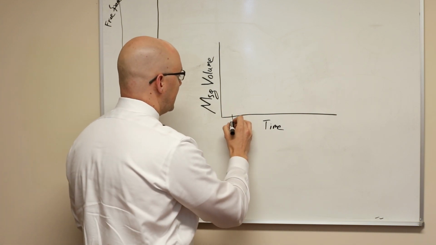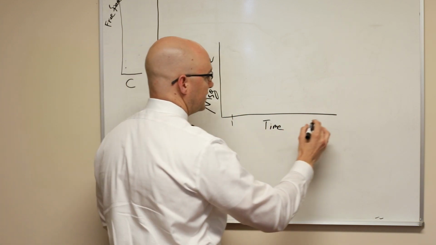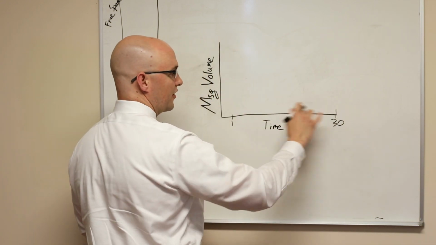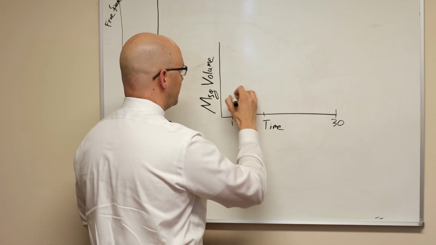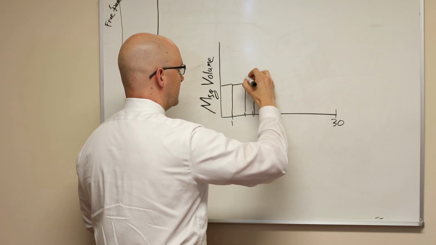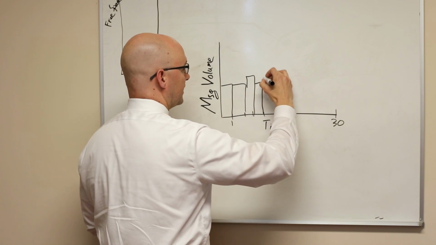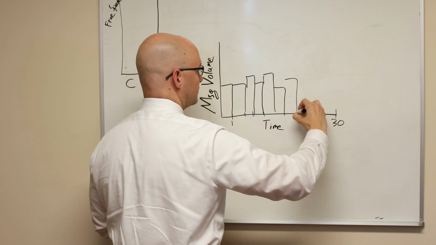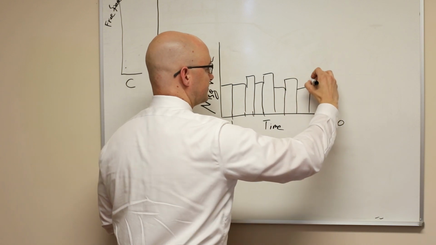Here's day 1, and here's day 30 over here. I'm not going to draw the dashes exactly right, but you have just a couple thousand messages every day. Of course, it fluctuates a little bit, but you can see you're roughly in the same zone here.